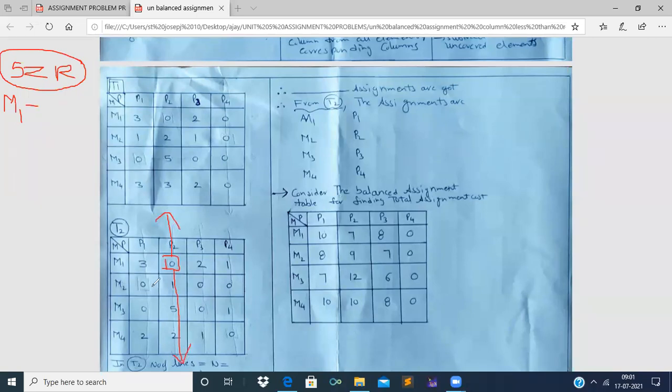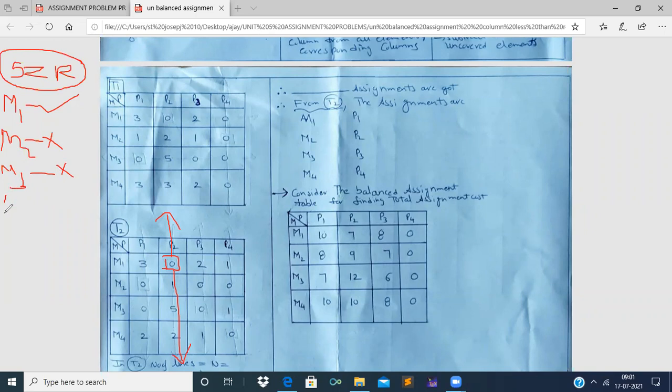Next, observe M2. M2 is containing 3 zeros, therefore we don't give assignment to this M2 right now. And go for M3. M3 is also containing 2 zeros, therefore we don't disturb the M3 row.